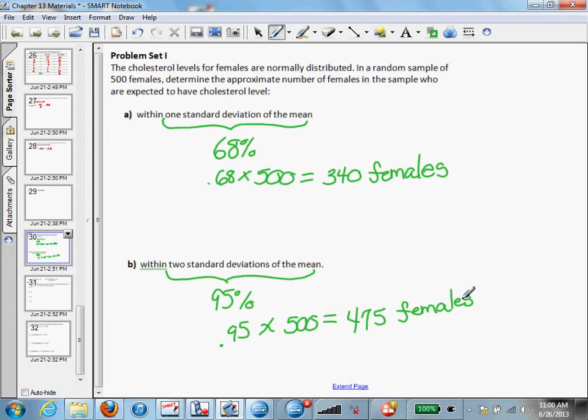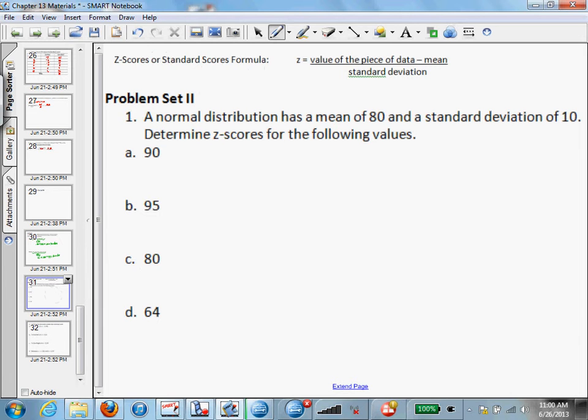This is the problem set for that part. Now if we look for z-scores, there's a simple formula right up here on the top of the screen to finding z-scores. So for these, we know that the mean is 80.